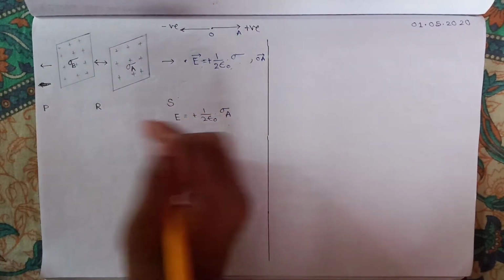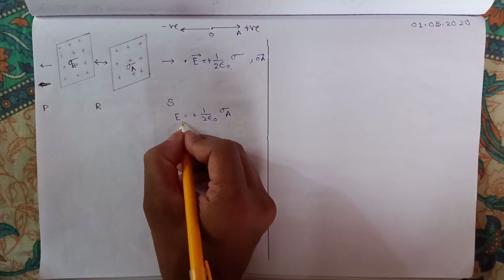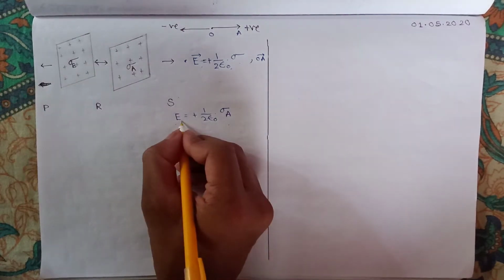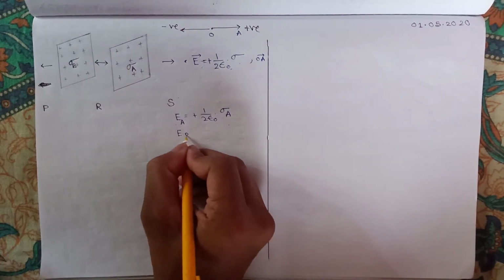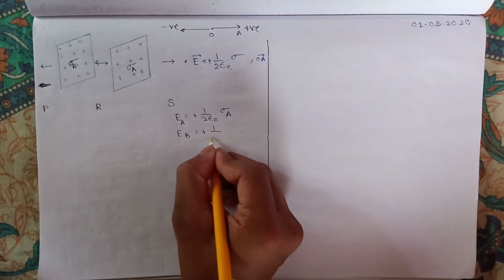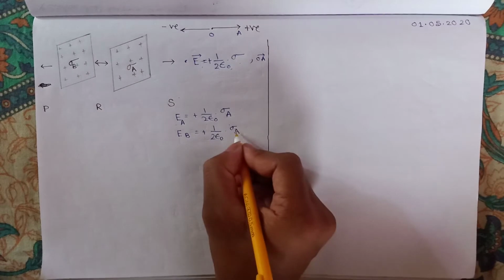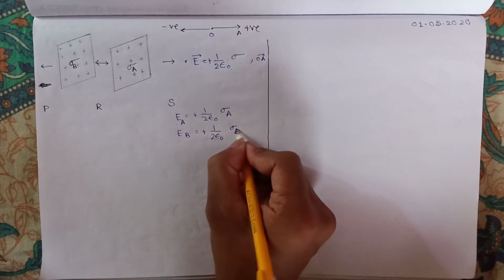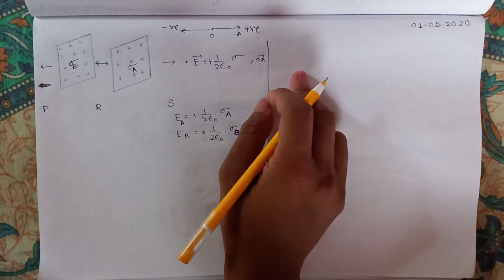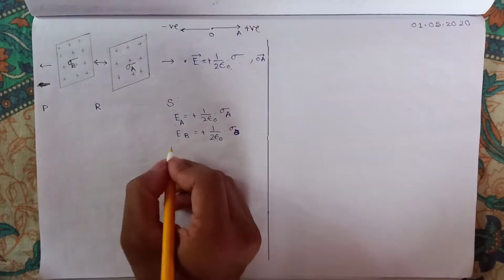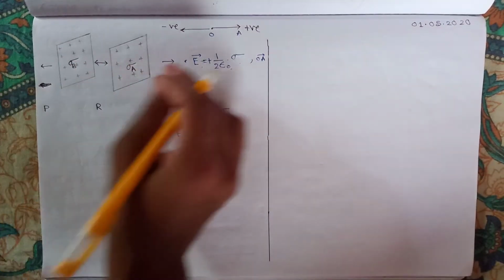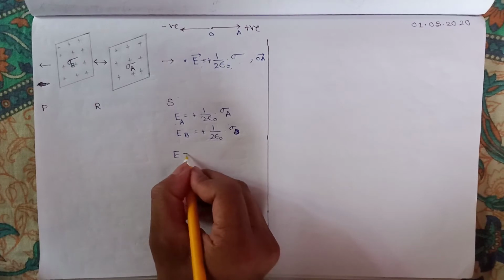Call these EA and EB. As both are in the same positive direction, the resultant electric field at this point is just the sum.